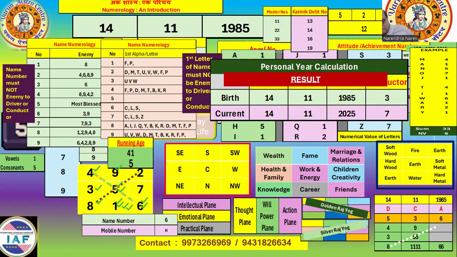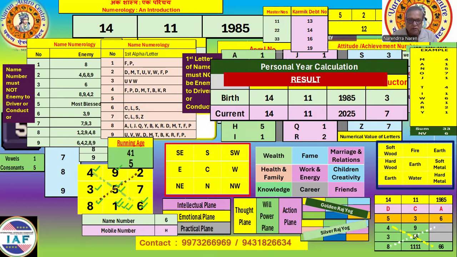If the outcome number is friendly to the driver and conductor, then the year will pass peacefully and purposefully. So the current year's driver conductor number is 7, who is not the enemy of 5, that is the driver.